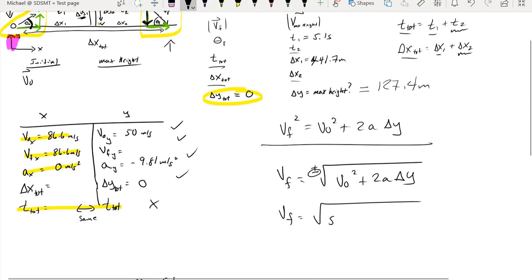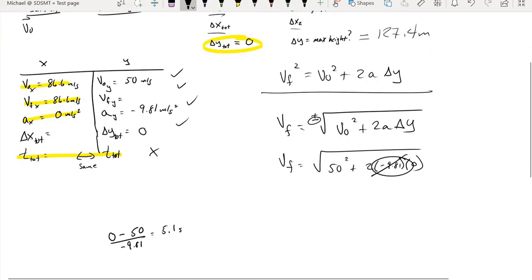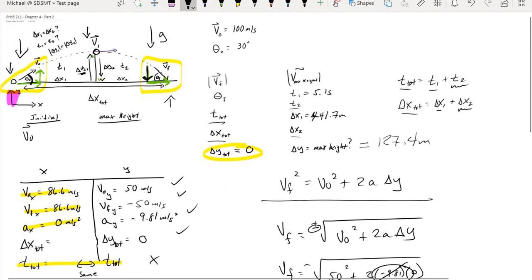Time to plug in. We have 50 squared plus 2 times negative 9.81 times 0, which makes the whole back portion of that 0. And now we just have the square root of 50 squared, which is going to come out to be 50. So we have a final y component of negative 50 meters per second, whereas the initial y component was positive 50.